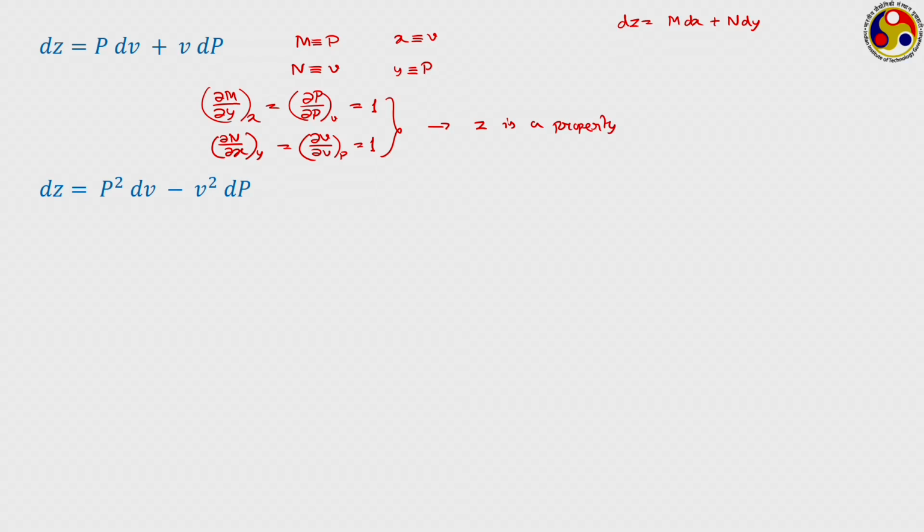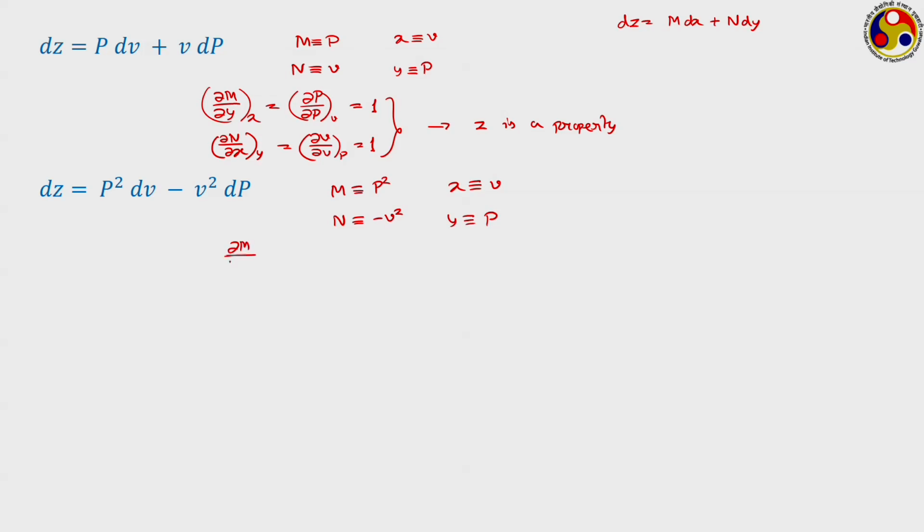Let us take a second example. dz equal to p square dv minus v square dp. If we compare, m is p square, n is minus v square, x is v, and y is p.